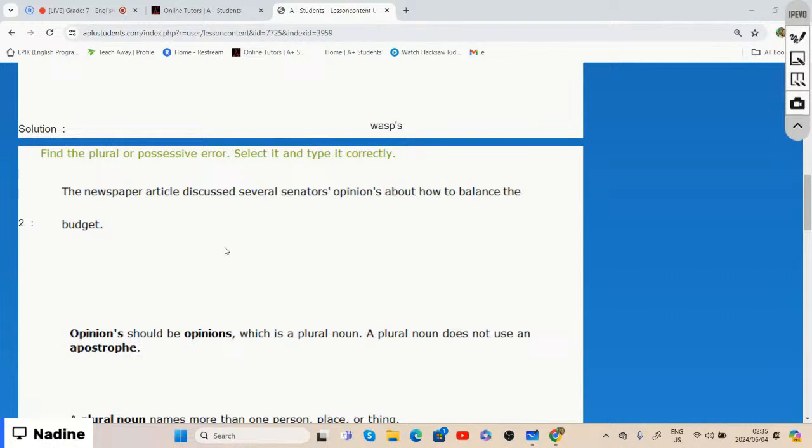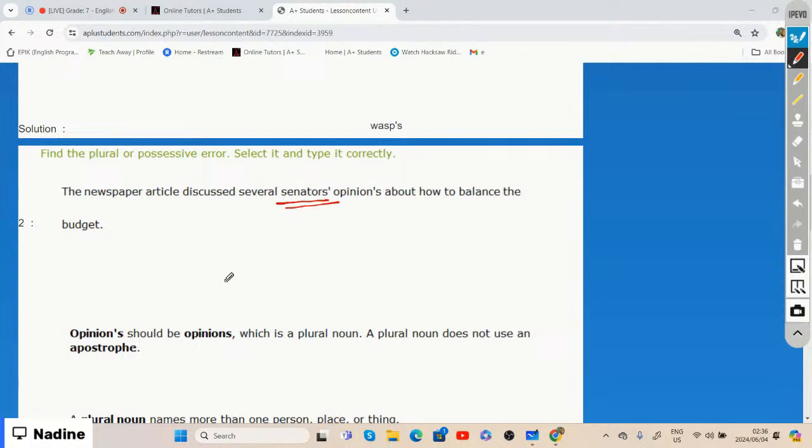All right. So we see the newspaper article discussed several senators' opinions about how to balance the budget, right? So if we're talking about several senators, then we can leave this the same. But then opinions, right? Opinions does not have an apostrophe in this.